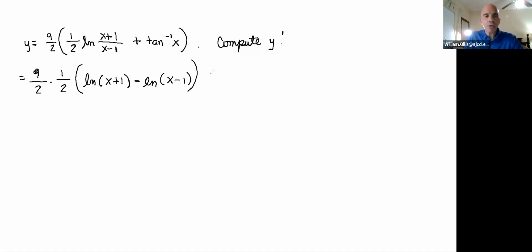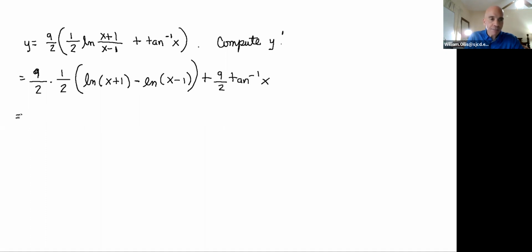Now, let's go ahead and multiply the 9/2 times the inverse tangent. Okay, so now what we're seeing is we've got 9/4 times the difference of two logs, and then we've got 9/2 times the inverse tangent. And we know how to differentiate all of those.